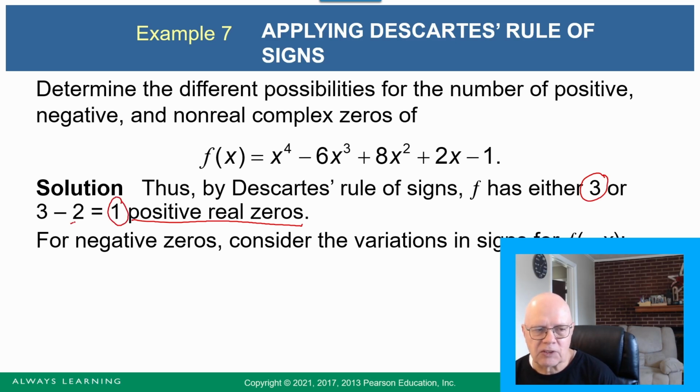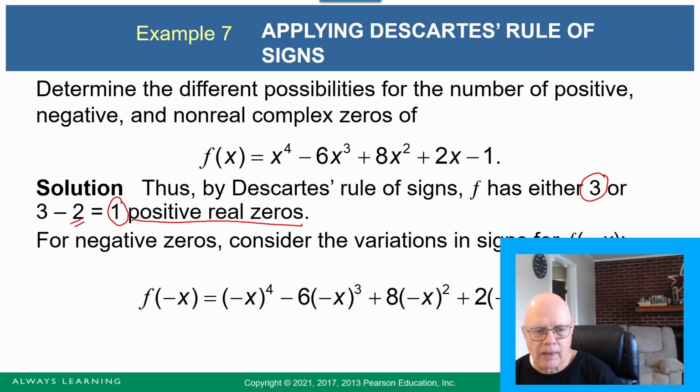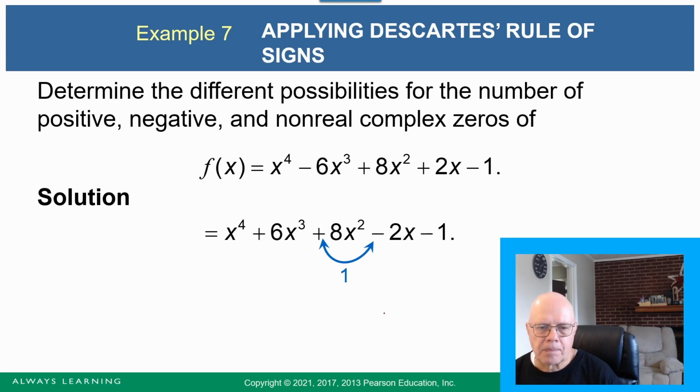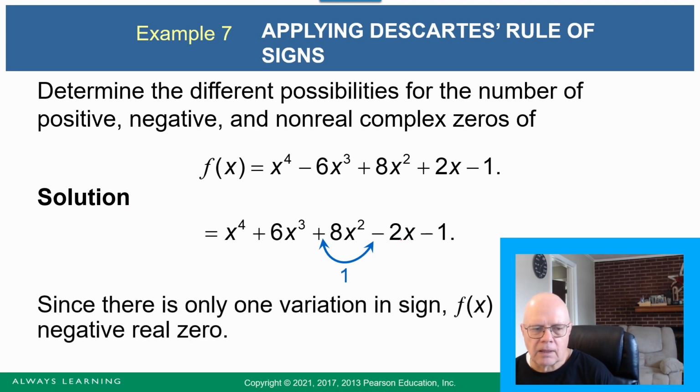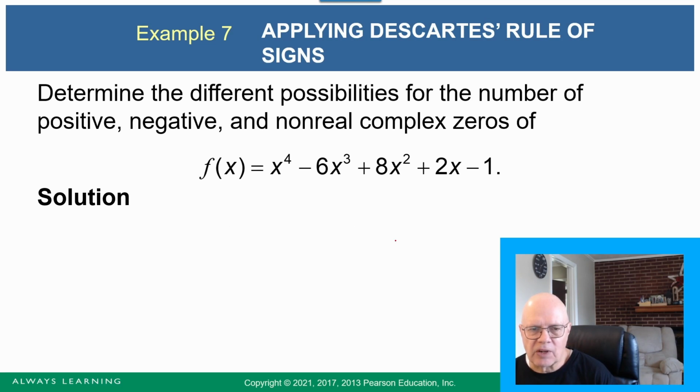Remember, we subtracted 2 until we ran out of positive numbers. For the negative zeros, you have 1 change of signs. We did that. And exactly one negative real 0.